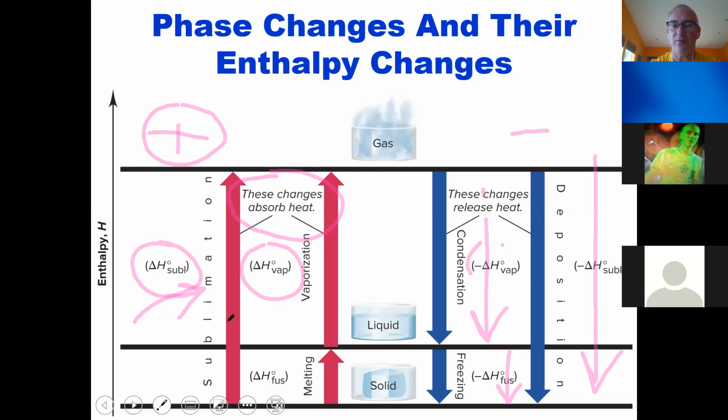Delta H for condensation, for freezing, or deposition are going to be negative, because just think of it this way: is there less energy before or after that process took place? When you think about something freezing, there's less, because you went from a liquid to a solid that isn't moving at all. So there's less kinetic energy in the solid. So that had to release heat. So that would be exothermic.